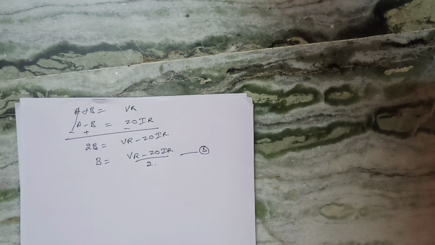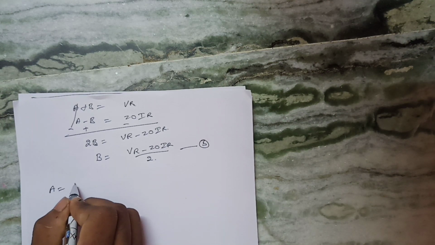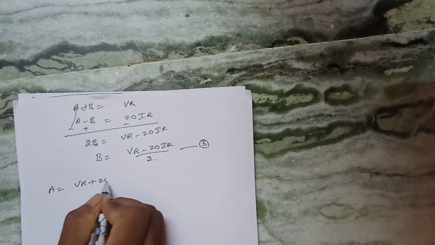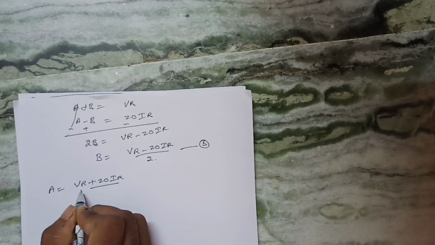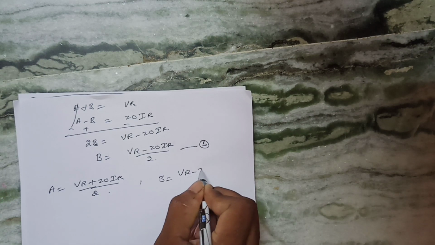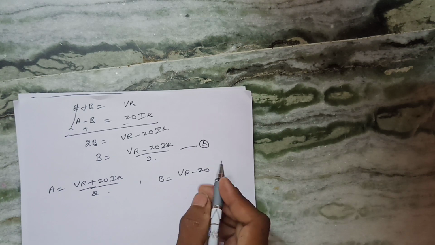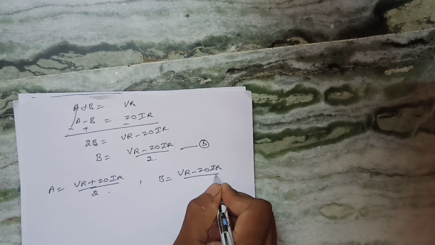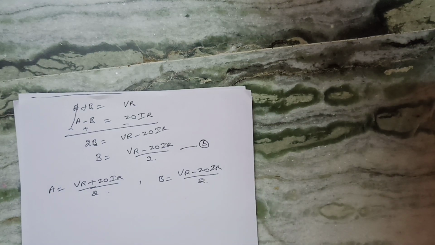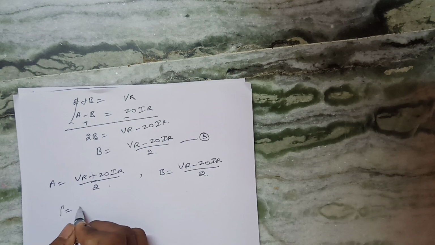So here the final equations: A is equal to V_R plus Z naught into I_R by 2 and B is equal to V_R minus Z naught into I_R by 2.